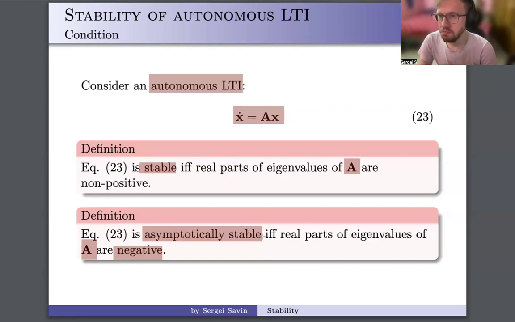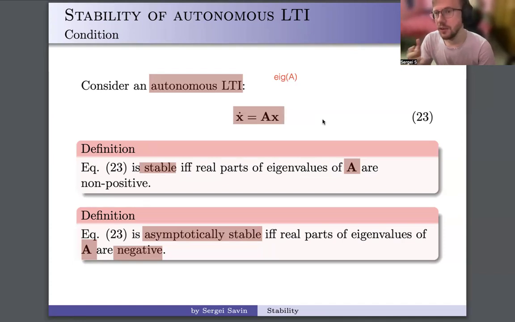And for us in the computer age, where we can just calculate eigenvalues by typing eig of A in your favorite language, be it Python or MATLAB or whatever you're going to use, it is very easy to get eigenvalues of a matrix, much easier than almost any other criterion.